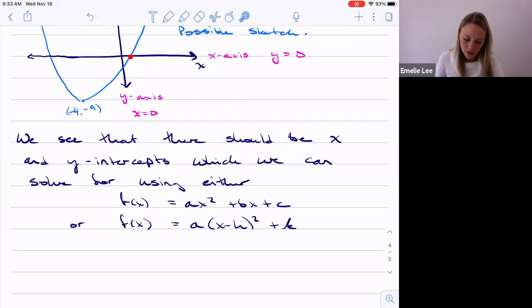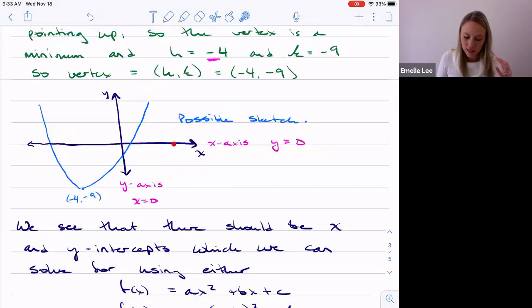Notice that the x-intercepts happen when y equals 0, right? If you sketch out your graph and your x-axis, you can convince yourself that's when y is 0. So you don't need to memorize how to find the x-intercepts and y-intercepts. You can get there on your own.